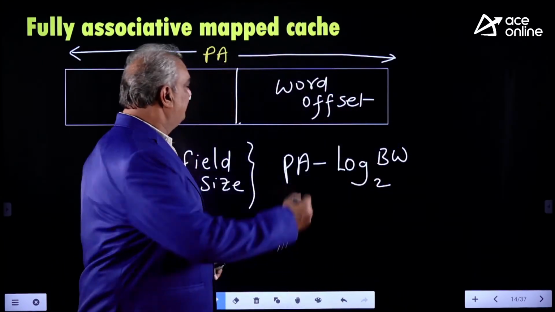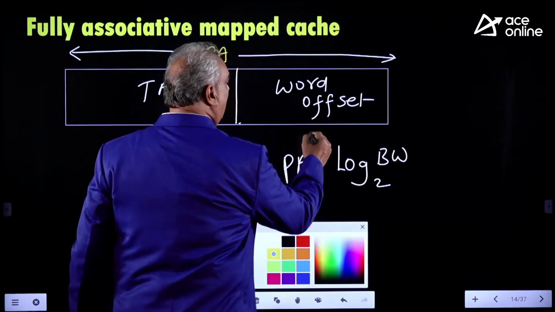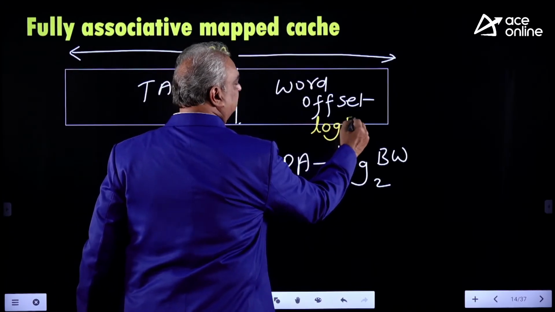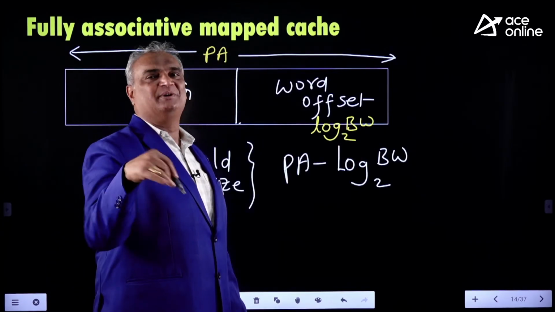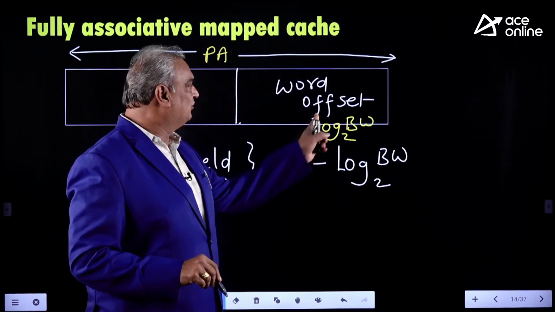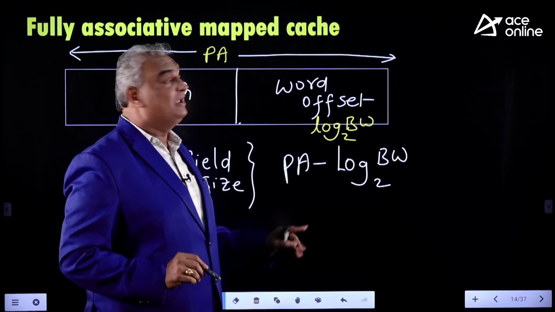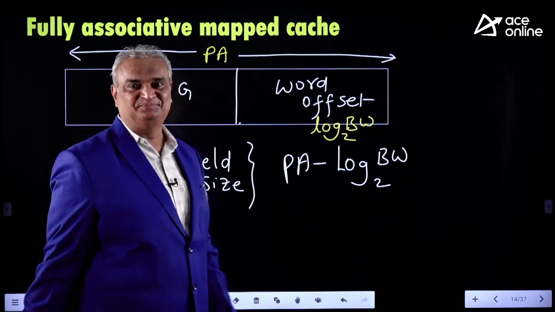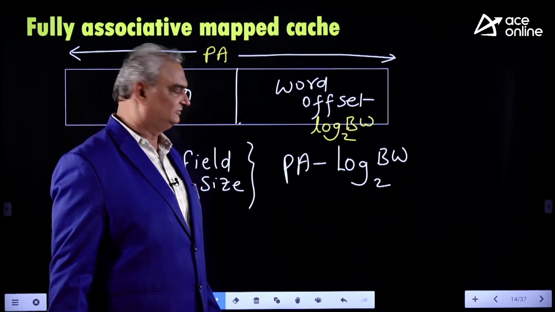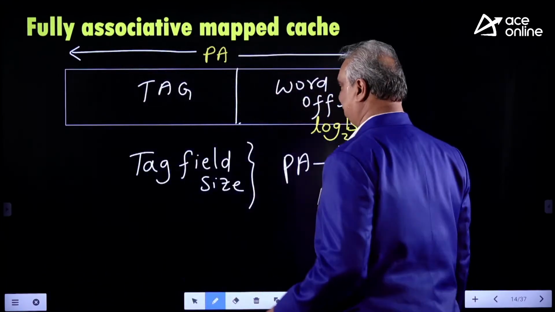What does log BW tell? This field tells the number of bits required to select one of the words in the selected block. PA minus this size directly gives the tag. Okay? Next.